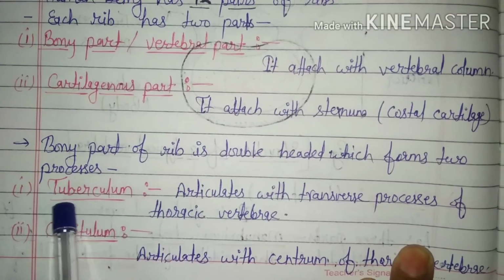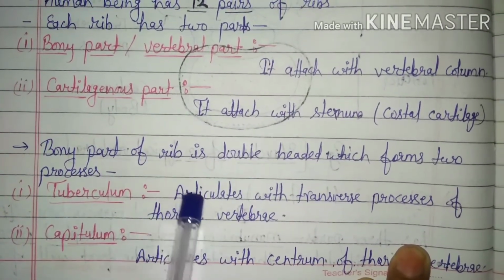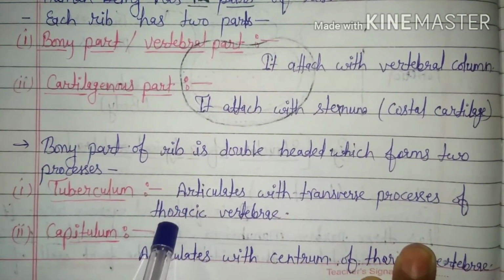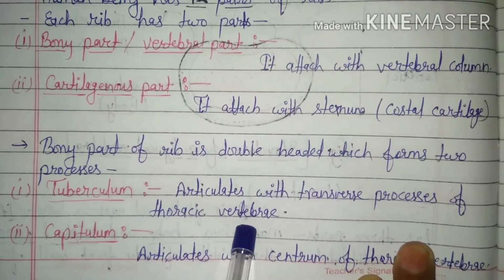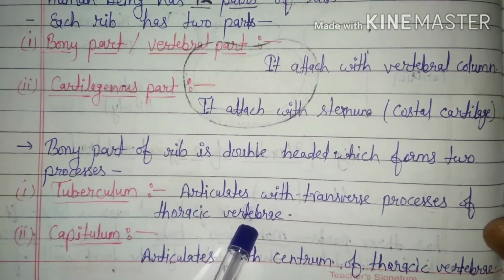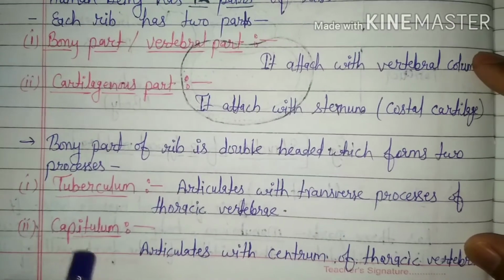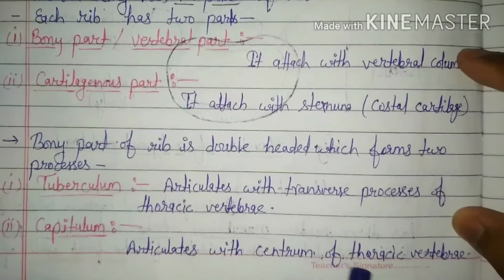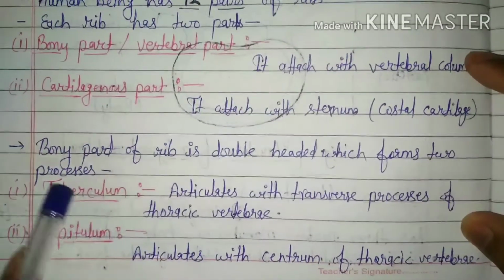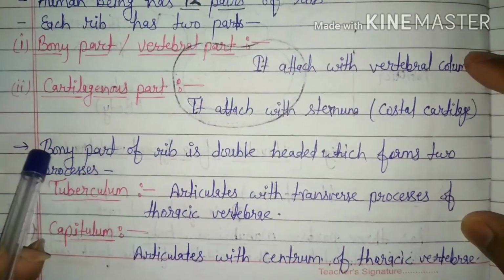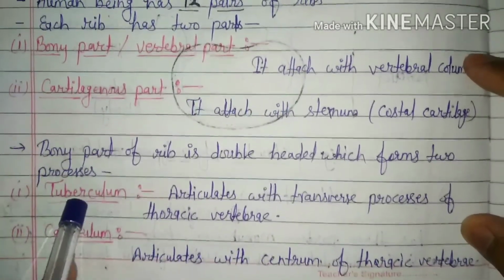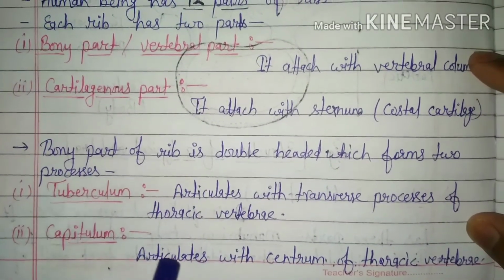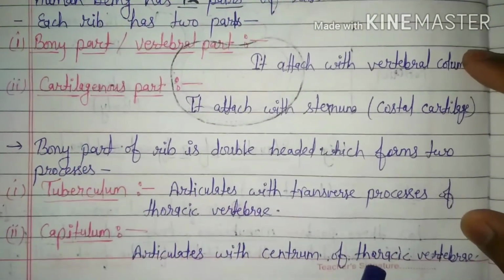It means the tuberculum forms a joint with the transverse process of thoracic vertebrae which arises from the centrum part on both sides. The capitulum process articulates with the centrum of thoracic vertebrae. One part of the bony part of ribs articulates with the transverse process and the capitulum articulates with the body of thoracic vertebrae.